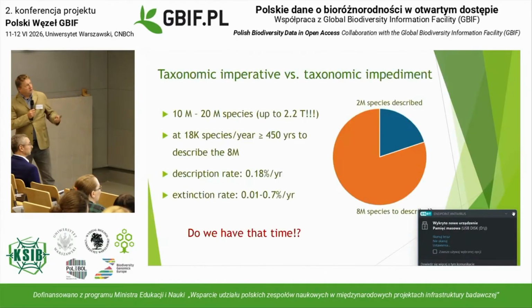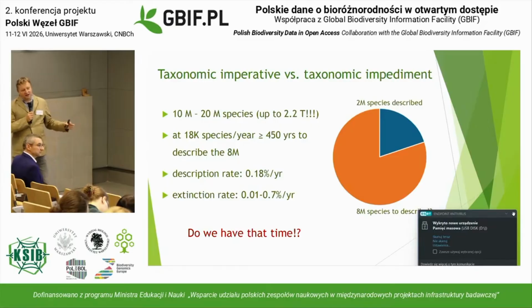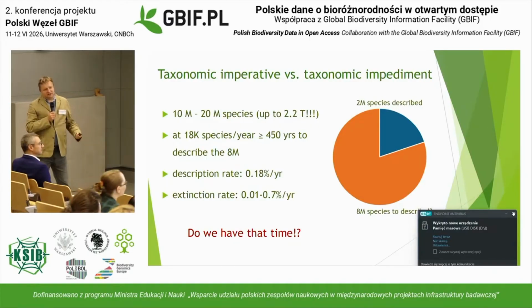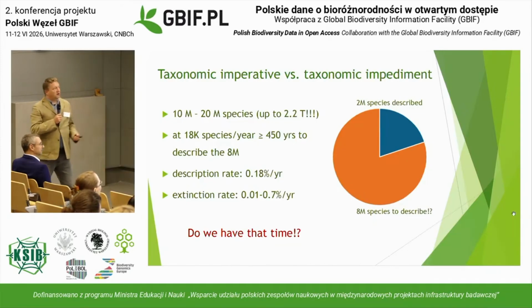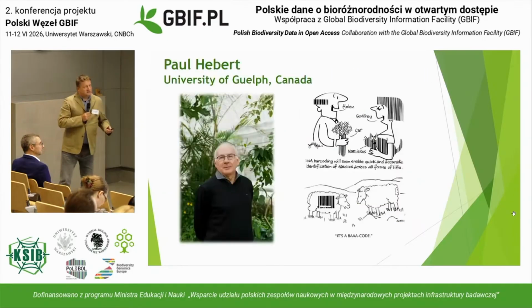So why DNA barcoding? Just shortly. We have this taxonomic impediment, we have this biodiversity that we still have no idea what it is, and traditional taxonomy works too slowly to overcome this problem. We need something that could help us, and this is DNA barcoding.